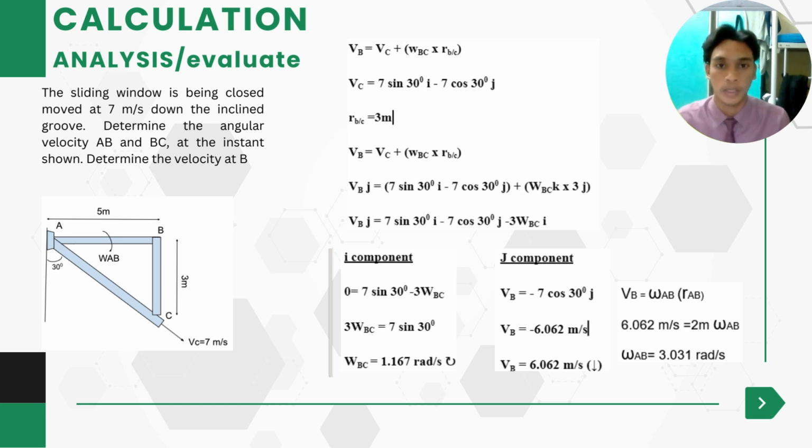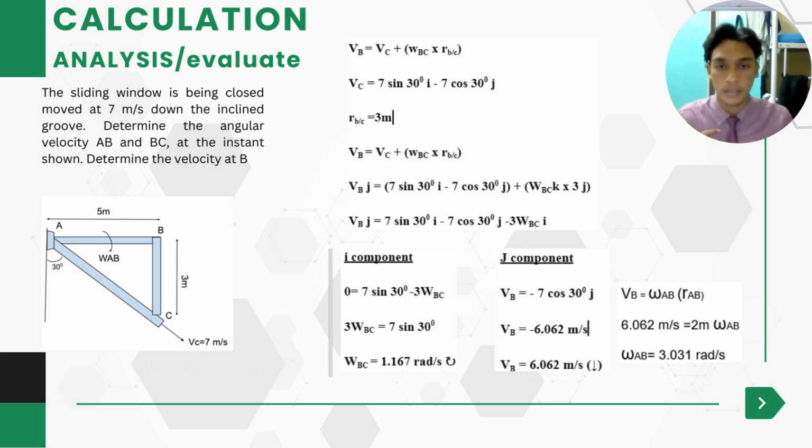So let's move on one by one. First of all, we have to search for VC. VC is equal to 7 sin 30 degrees i minus 7 cos 30 degrees j. And RBC, we know already, is 3 meters.